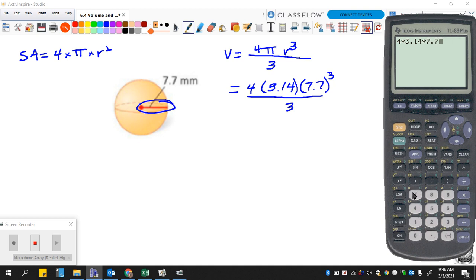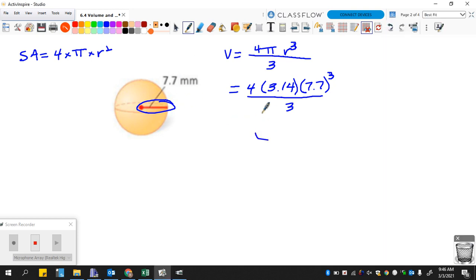Now, we're used to using squared here, but we're going to raise it to the third power, which is this little caret here, raised to the third power. When we do that, find the answer, that's 5,734.05448. Okay, so we have all of that.